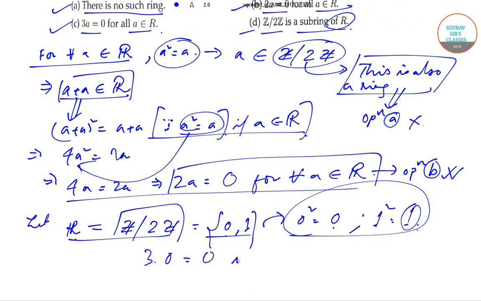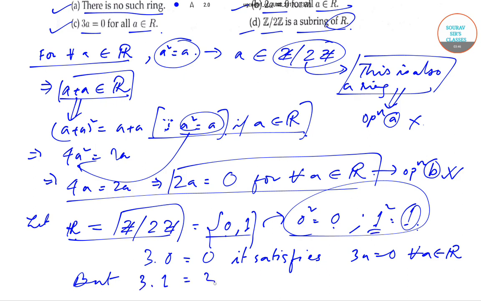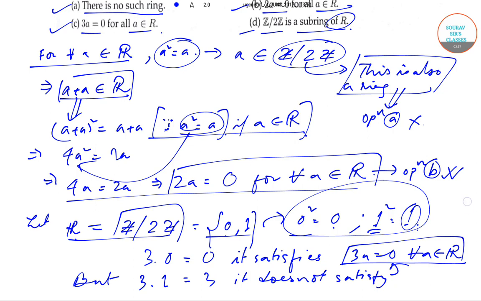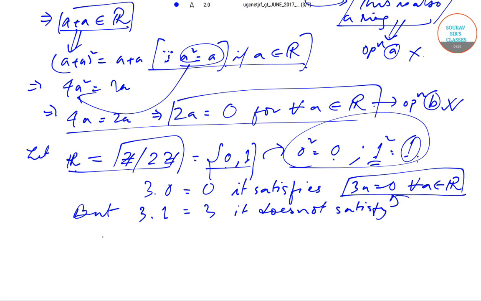It satisfies thrice of A equal to 0 for all A which belongs to R. But if we take the element 1 which belongs to R, this will be equal to 3, it does not satisfy this very condition, that thrice A is equal to 0 for all A which belongs to R. So we can then say that thrice A equal to 0 for all A which belongs to R is not true.